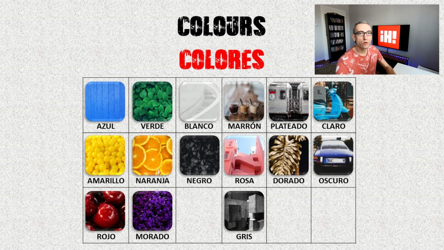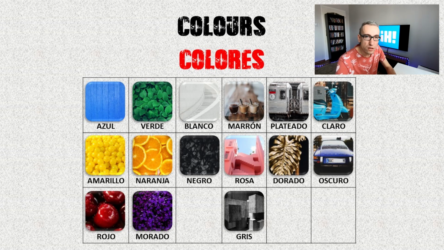Our example was azul claro and azul oscuro, which means light blue and dark blue.